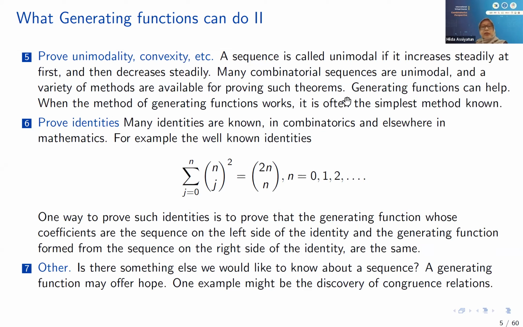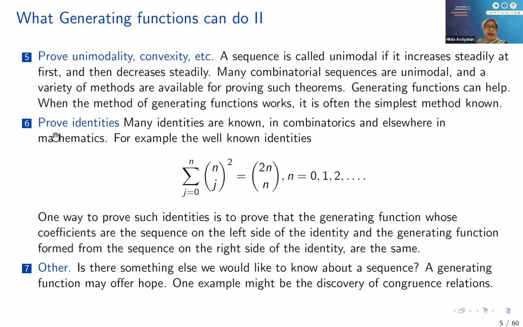There are many methods to prove that a sequence is unimodal. Not only generating function, but when generating function can help, it often gives the simplest way to prove it.